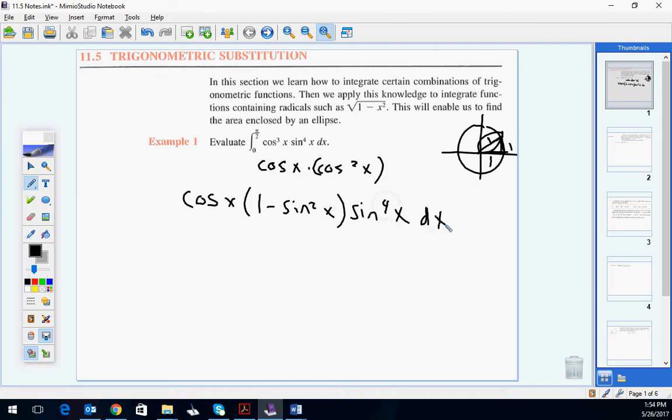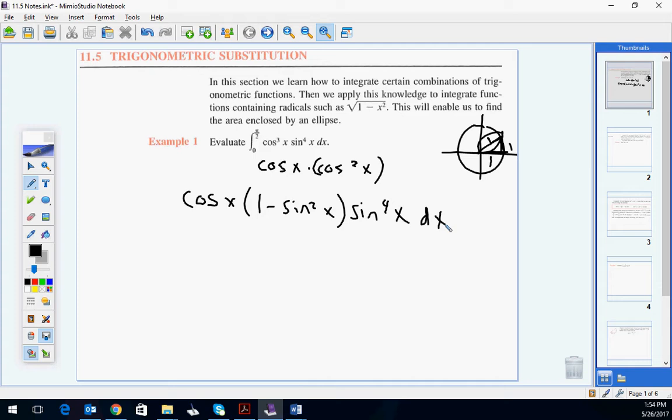Everybody, that identity is on your formula sheet. Under the trig identities, you just have to move over the sine squared. You're going to see why this is helpful now.